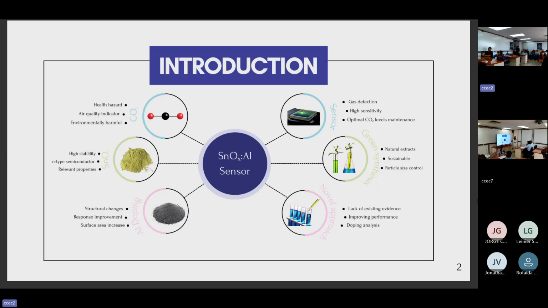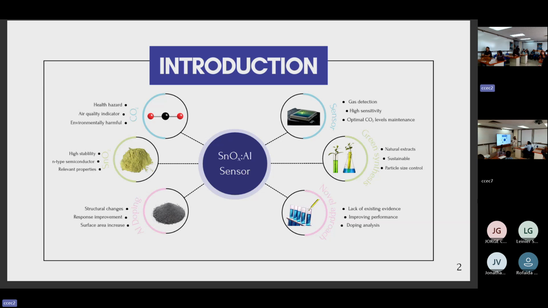Tin oxide is an n-type semiconductor, which we use for its high stability and relevant properties. We use aluminum doping to improve the properties of the tin oxide nanostructure because it affects optical properties, increases the oxygen vacancies of the nanoparticles, and produces structural changes.